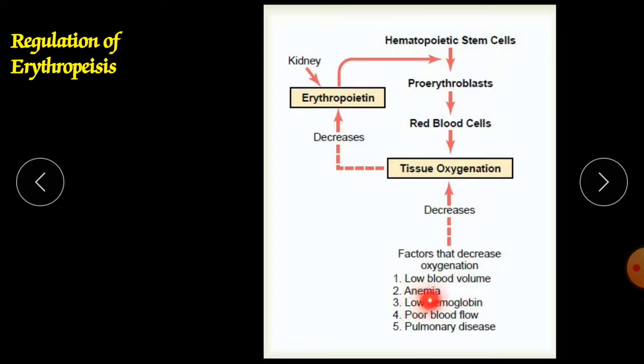Second condition is anemia. In this condition also the RBC count declines, and due to which the oxygen level decreases. Low hemoglobin: if you have a low hemoglobin percentage in your body, it is also one of the reasons for less oxygen in your body. Poor blood flow: if you have less blood flow, less blood volume, it is also responsible for less oxygen.